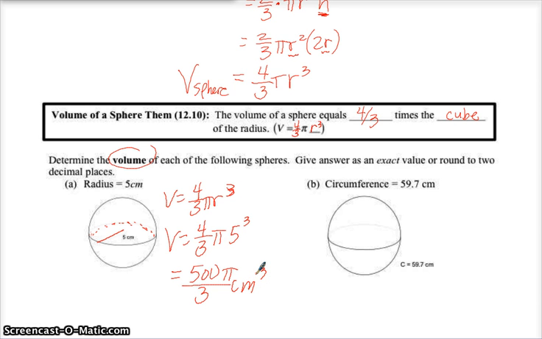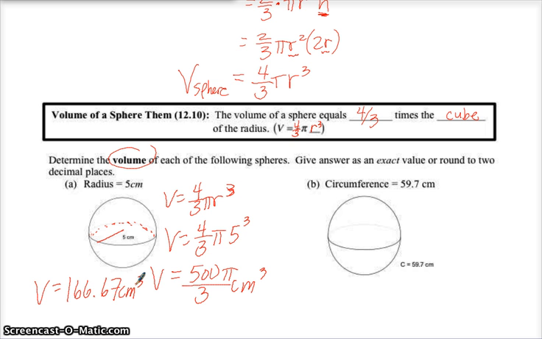If you're leaving it as an exact answer, that's what the volume would equal. If you wanted to use your calculator and round, then you should get 166.767 centimeters cubed. Somehow that looks very wrong to me, but I don't know. So check it, maybe that's wrong.